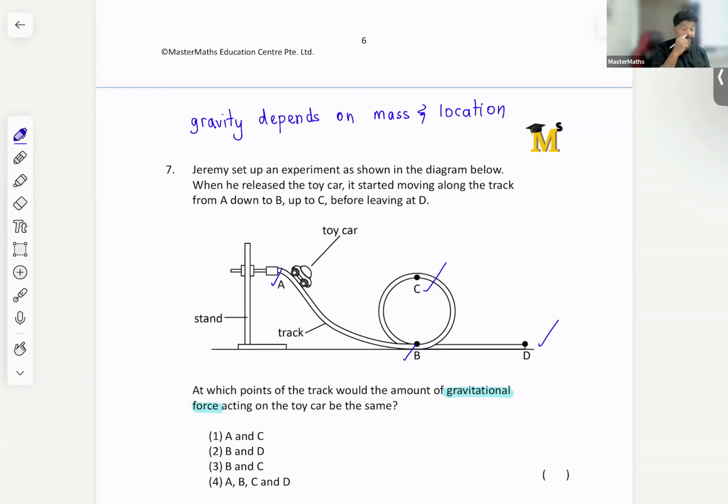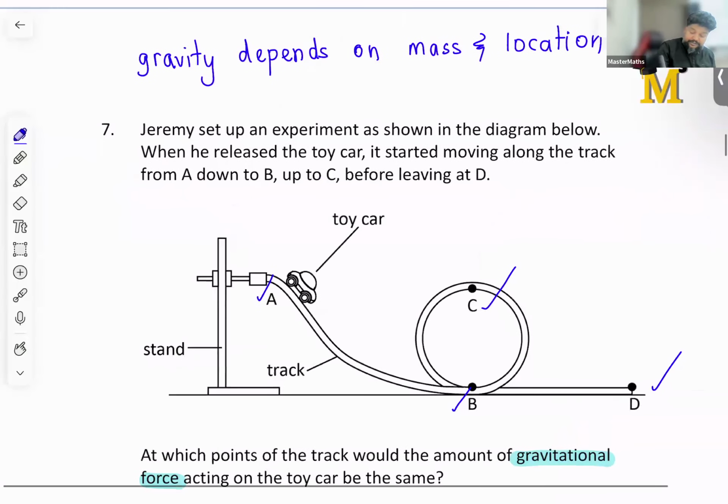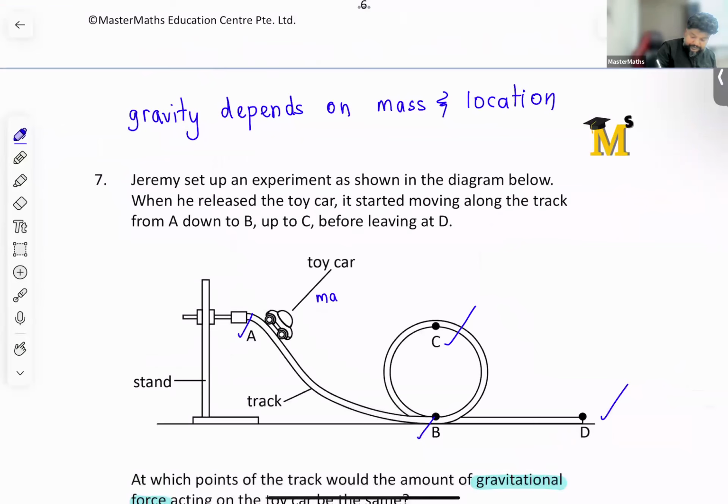Okay. So imagine we start the car. Let's say the mass is 10 gram. And where is it? On Earth. Then at point B, what will the mass be? Same. Mass will be 10 gram. And where is it? On Earth.